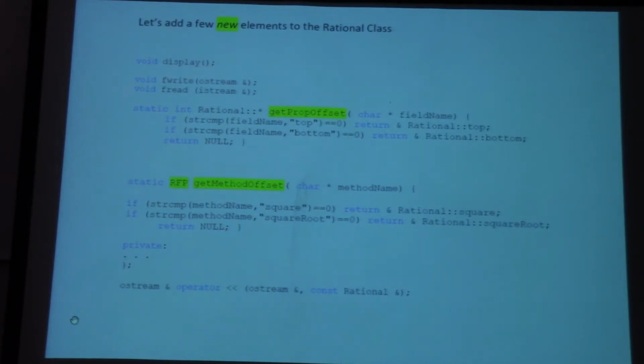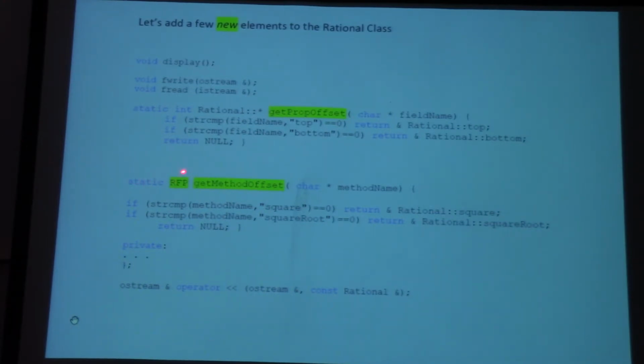Fwrite, we've seen that before. This is our binary write. Fread is our binary read. And then we're going to have static int rational::getPropOffset(char* fieldName). It's really getting interesting.